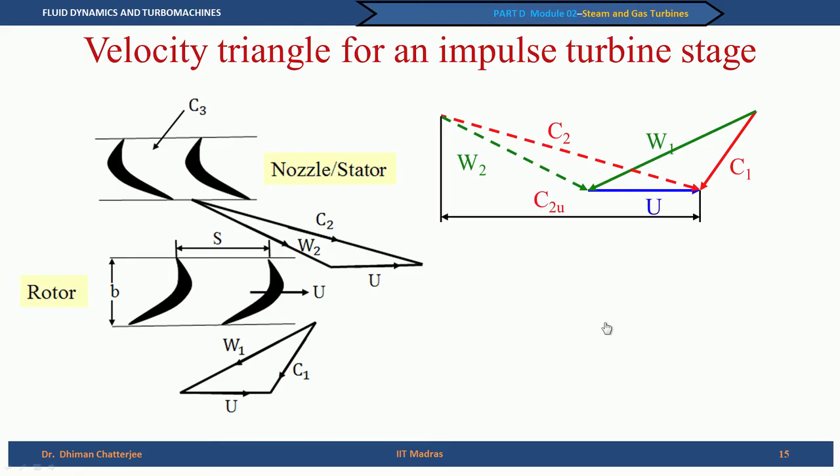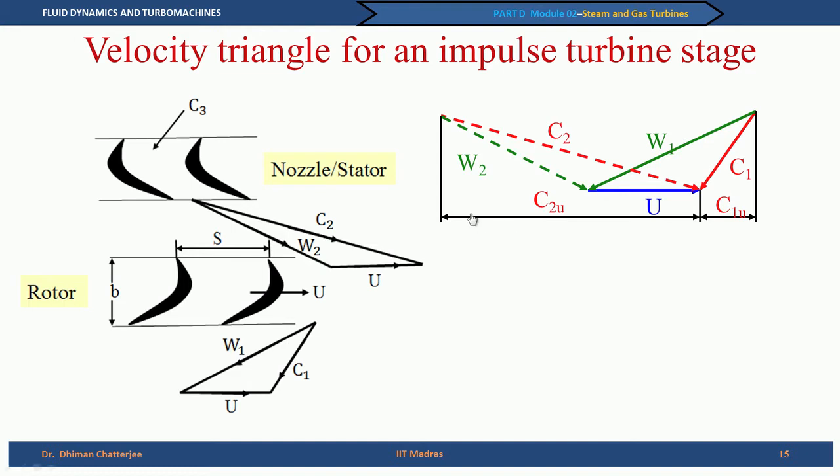We can mark C2u and C1u, and please note that we had earlier written, when we talked about Euler's energy equation or Euler's turbine equation, that it is C2u minus C1u, but that is because they were on the same side.